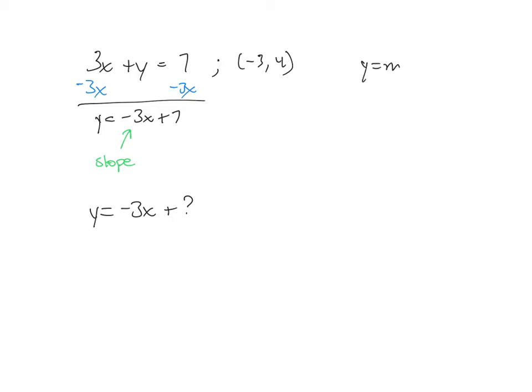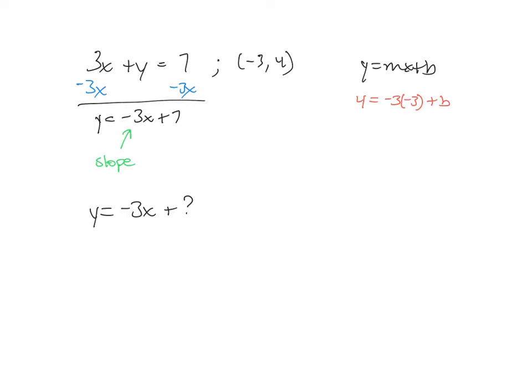So plug in my information. The y part is 4. The slope is negative 3. And the x part is also negative 3 plus b.